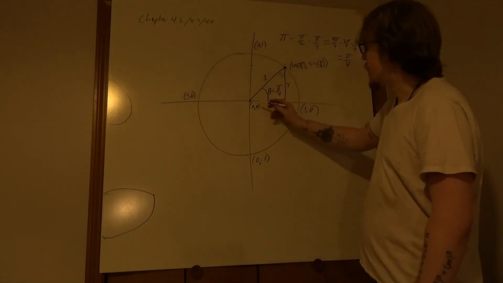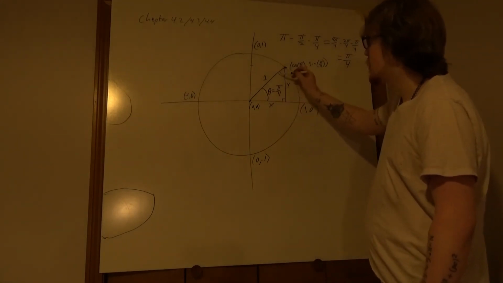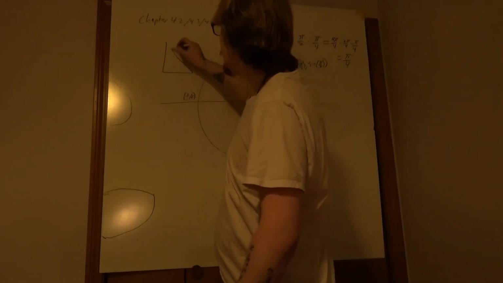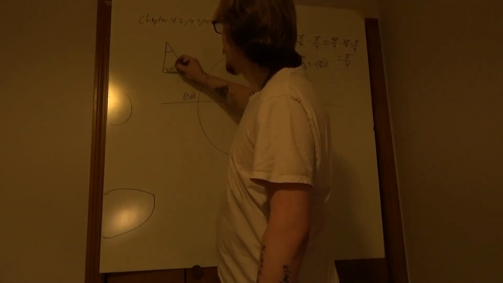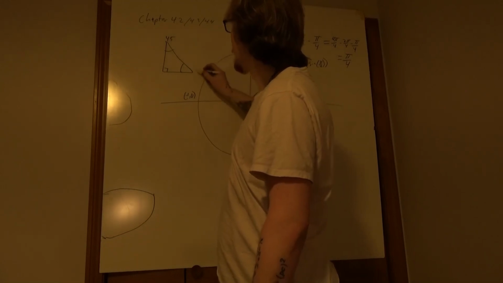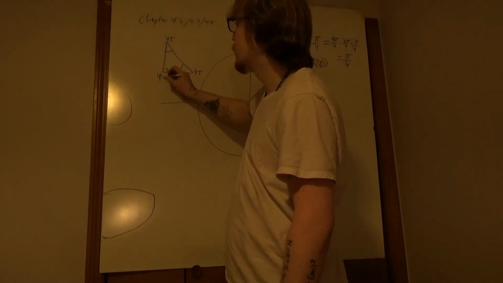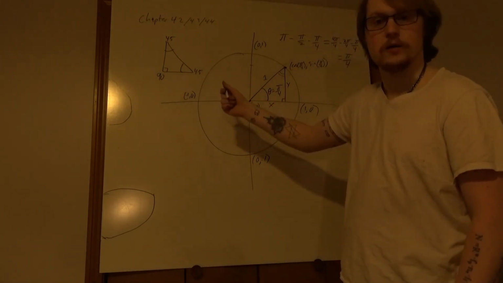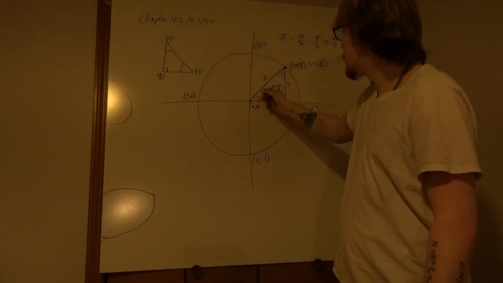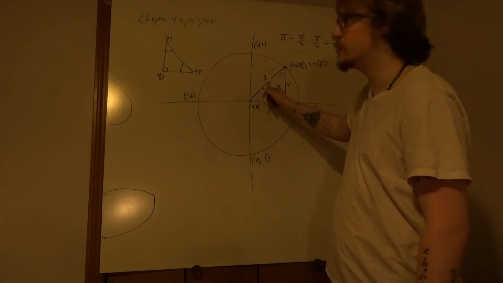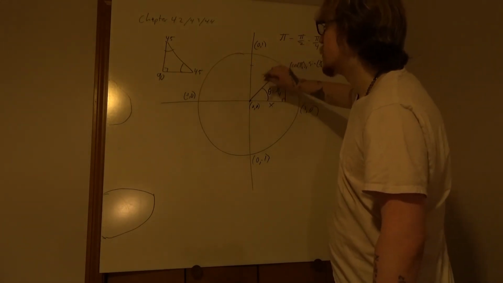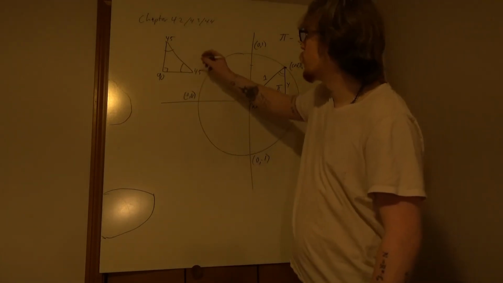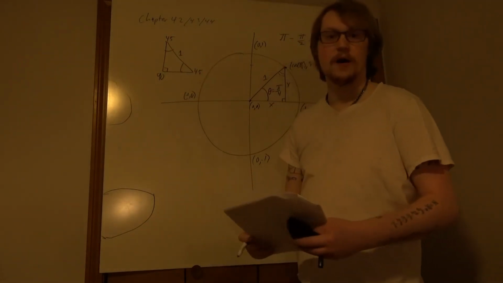So it turns out that if this angle is pi over 4, then so is this one, which makes sense because if we have the 45, 45, 90 triangle, these happen to be the exact same triangle, right? Because we have 90, pi over 4 is the same as 45 degrees, and pi over 4, which is the same as 45 degrees. So these are actually the same triangle. We just know on the unit circle, the hypotenuse is length 1.